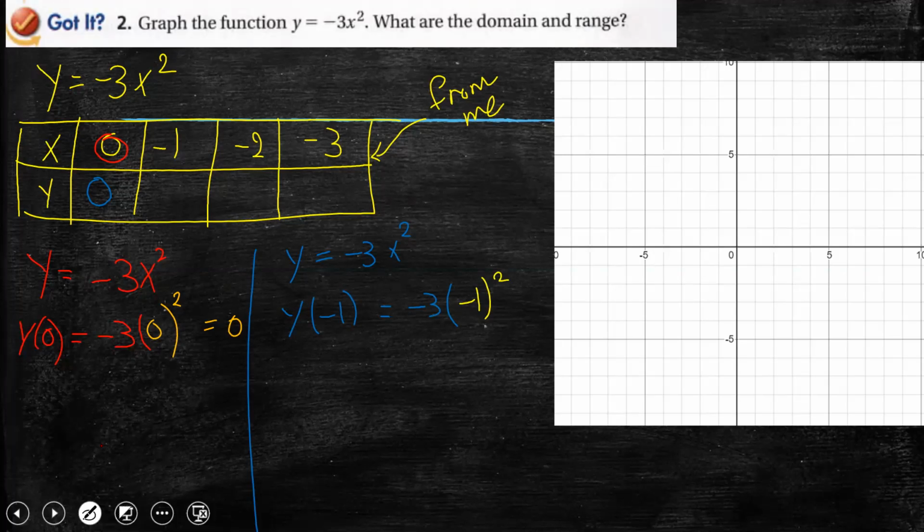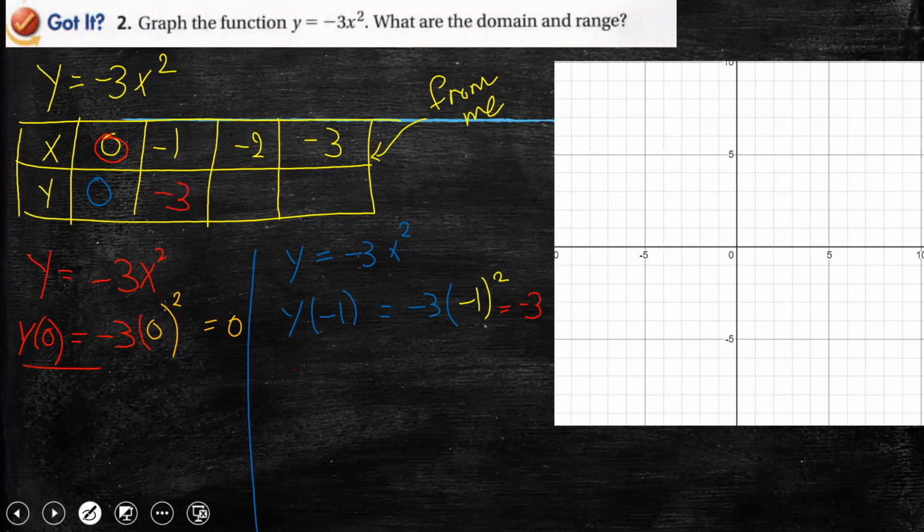Don't forget, first you have to square negative 1, then multiply by negative 3. So negative 1 squared is 1 times negative 3, which is negative 3.